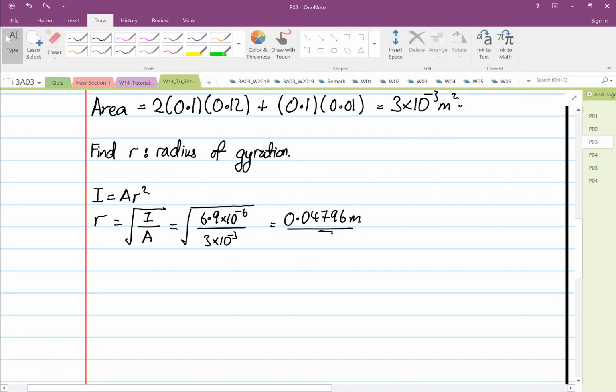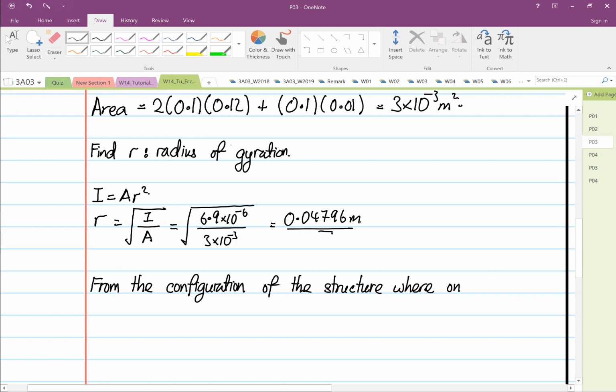So we know from the configuration of our structure, where one end is fixed and the other is pinned, right?